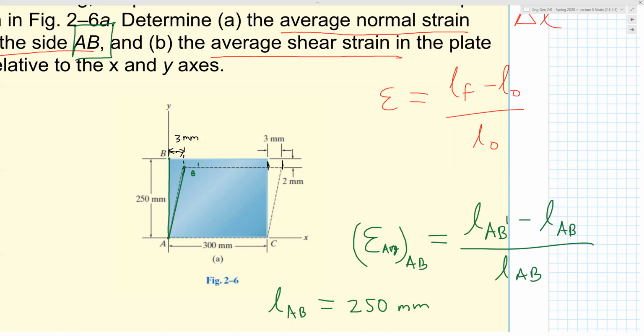Does that make sense? Okay. How much did it shift down on the top right corner? 2 millimeters. How much do you think B is going to shift down? 2 millimeters.